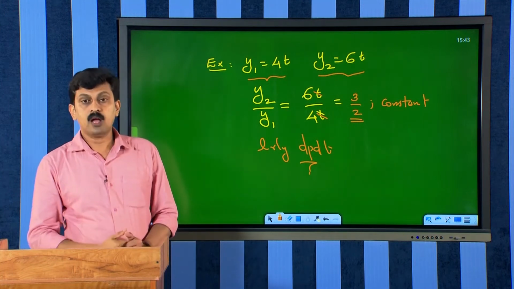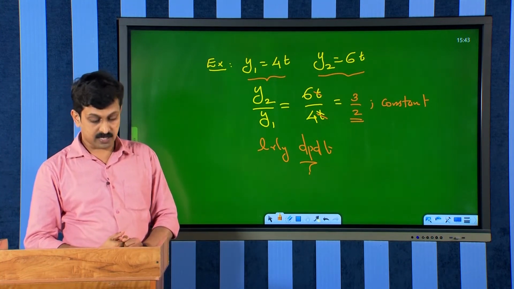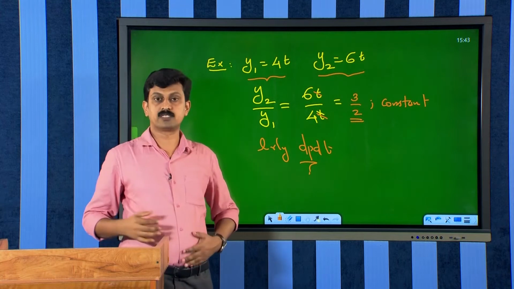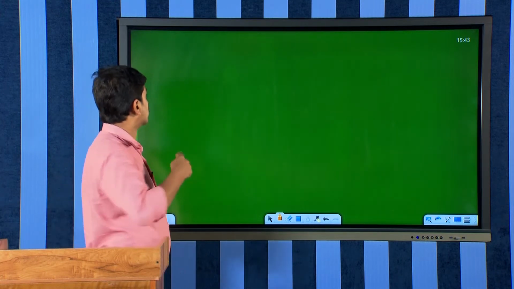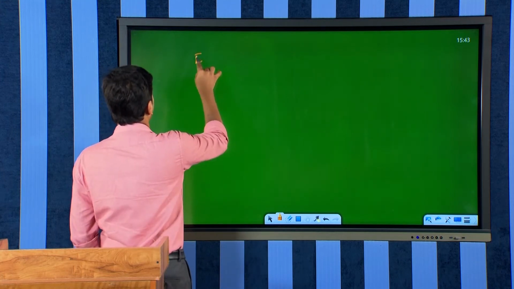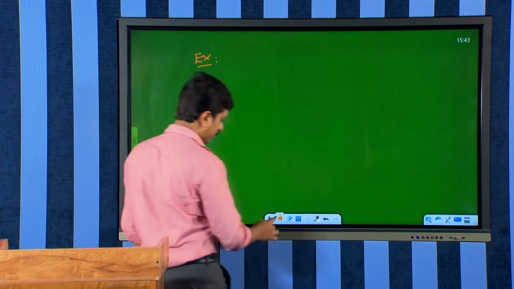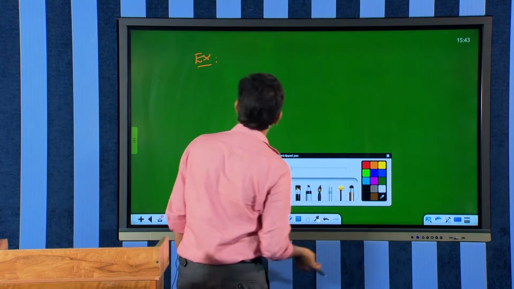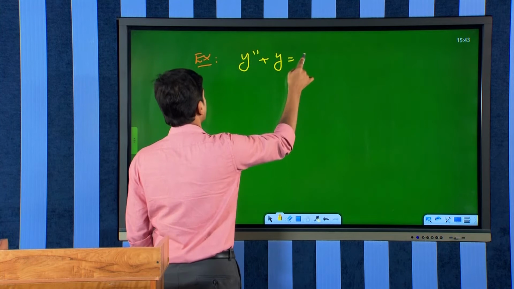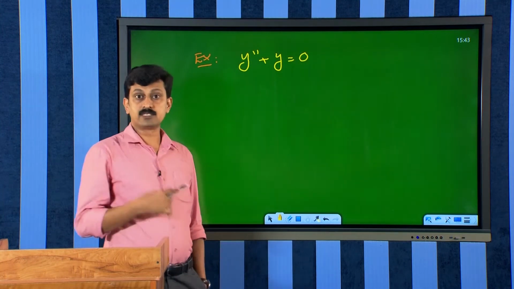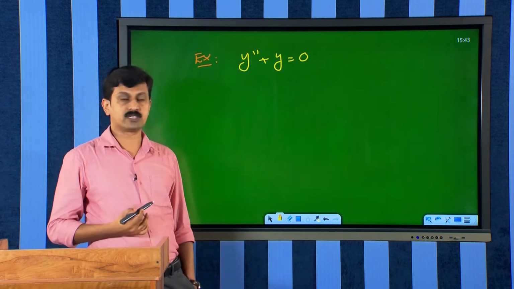Dear students, we can find many such questions in the literature, and we already discussed that there are different solutions of differential equations. In the two previous sessions we discussed y double dash plus y is equal to 0. This is a second order linear homogeneous differential equation.